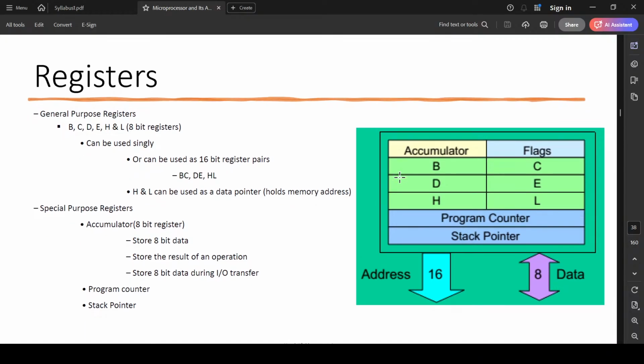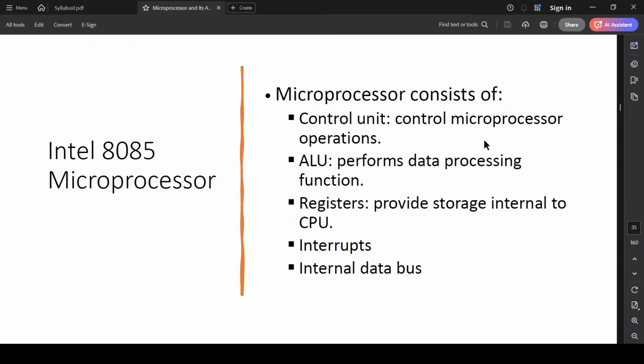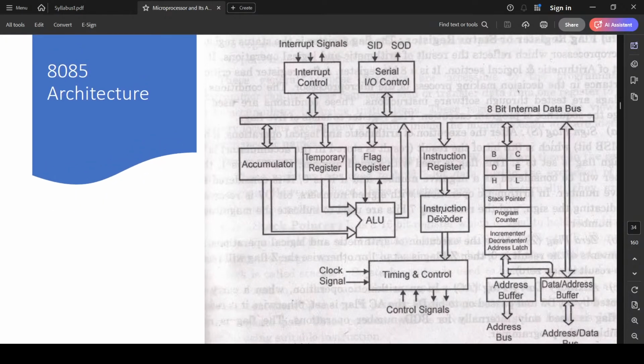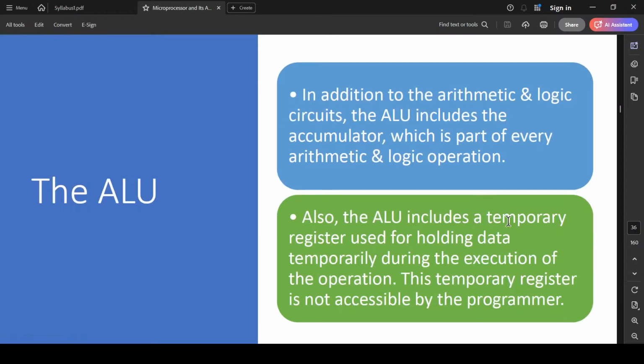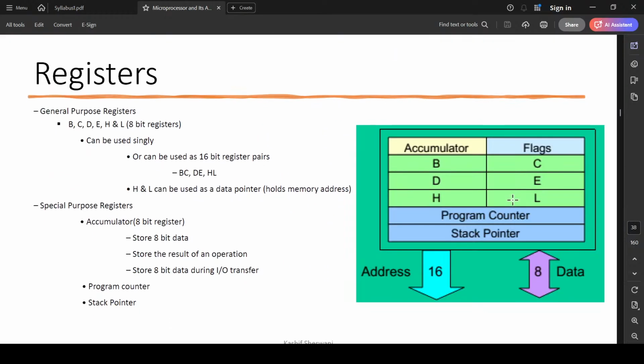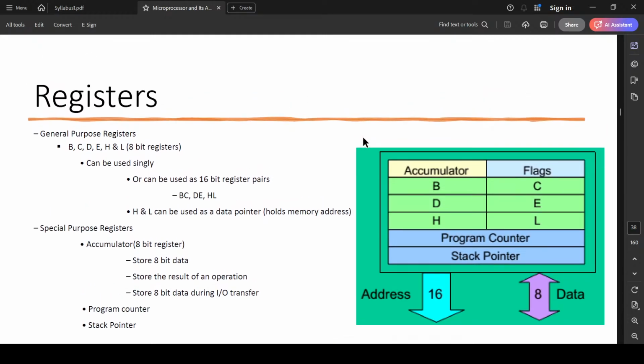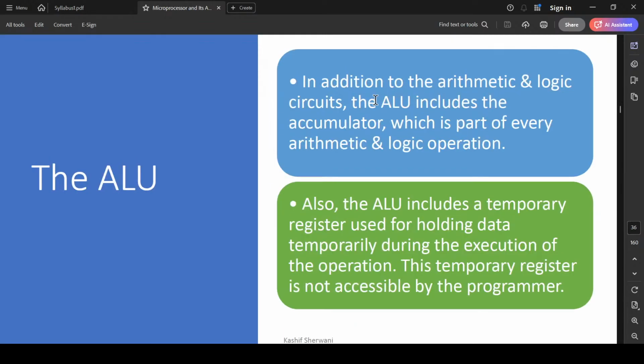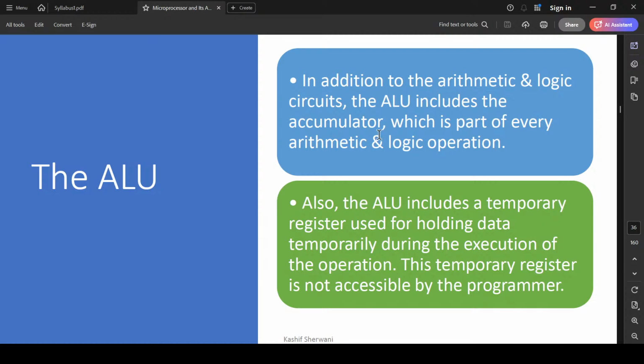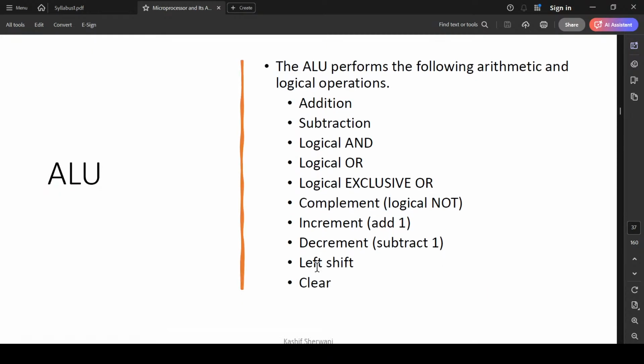Okay, let's get back to the registers. This is the diagram taken from the architecture diagram. This is the part we're going to study now. Now being serious, the general purpose registers. These are the registers we just talked about, which do not only have arithmetic, logic, and accumulation, but also the temporary registers.